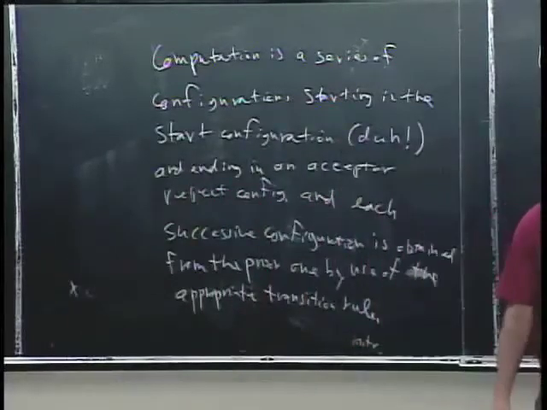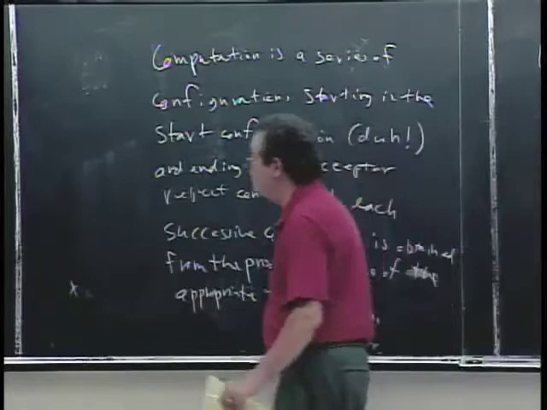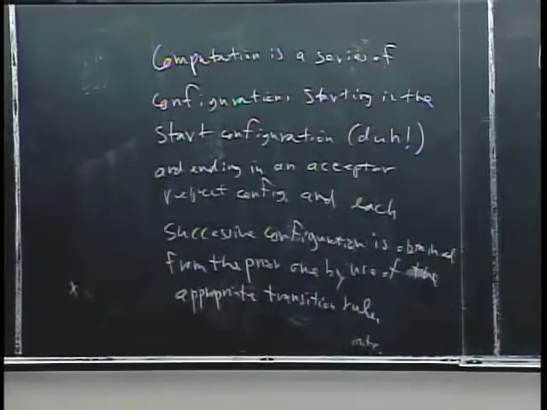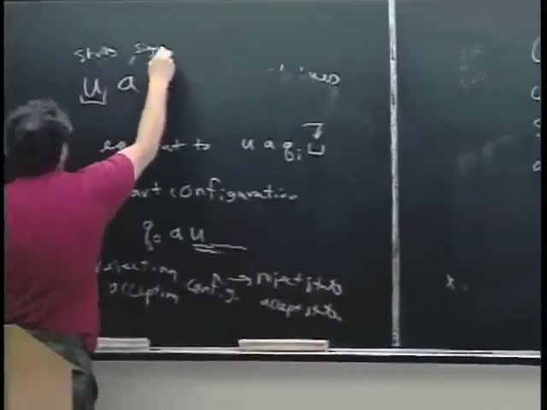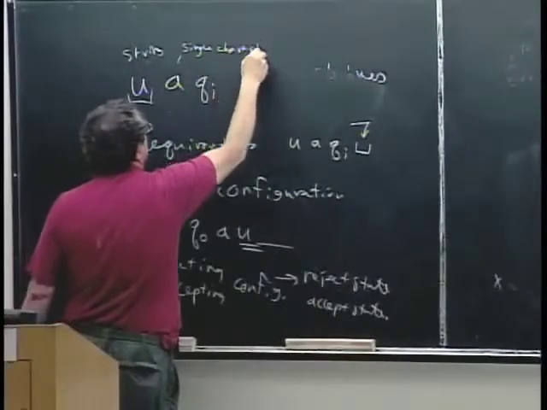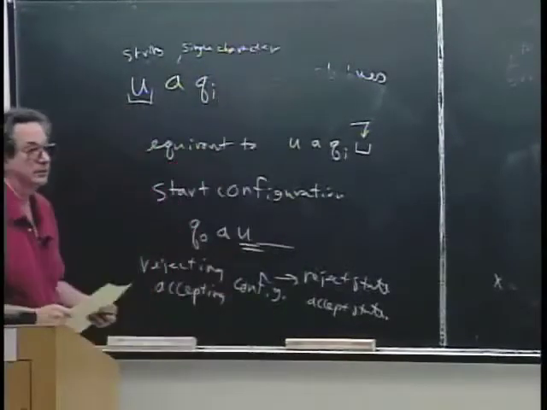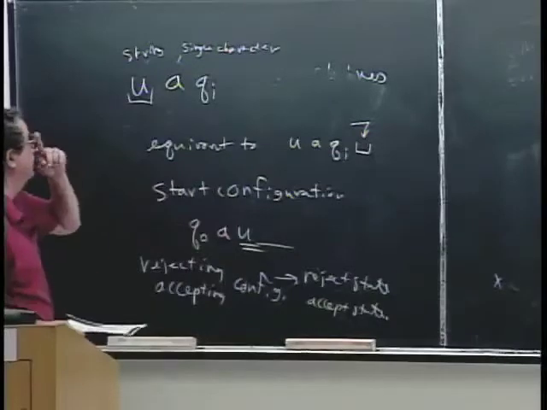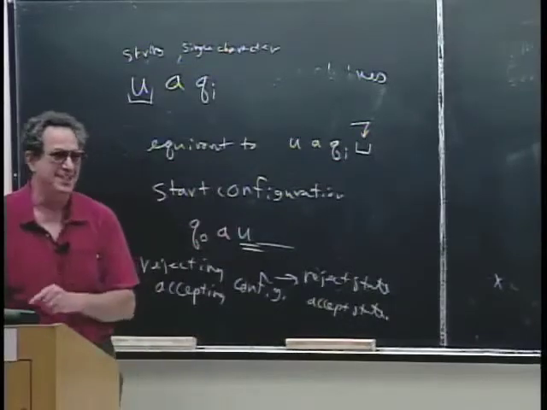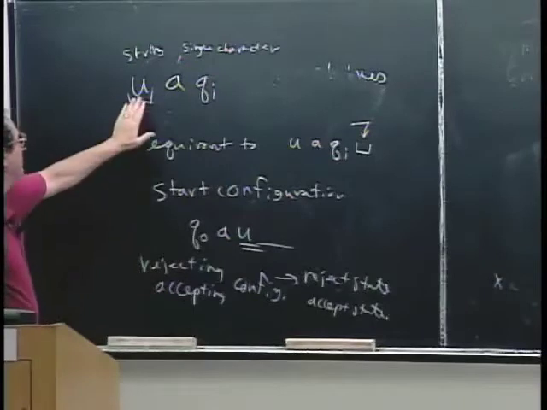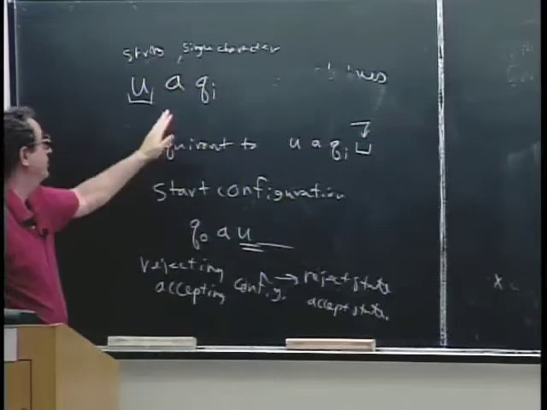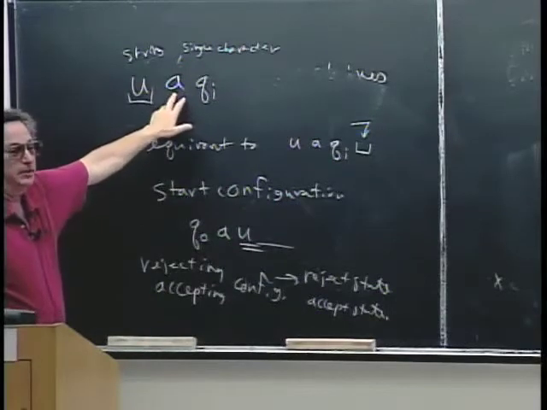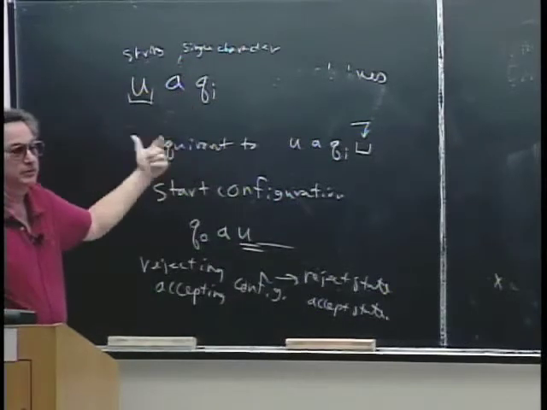Going back, could you explain what UAQI is? Well, okay, so this U really is a string, and this is a single character. I didn't really make that explicit. In my other class that I'm teaching, we use this a lot, where letters from the lower end of the alphabet refer to individual characters, and letters from the upper end of the alphabet refer to whole strings.